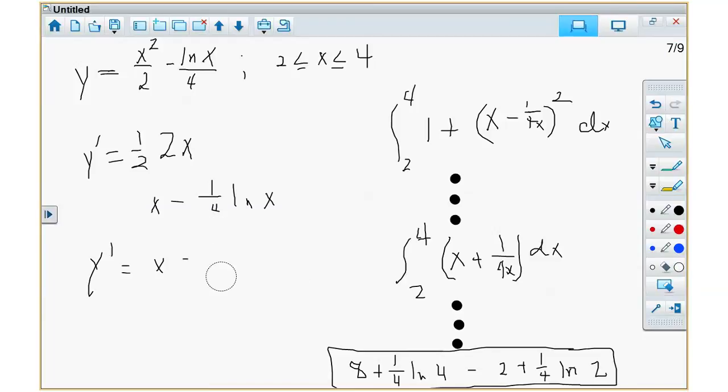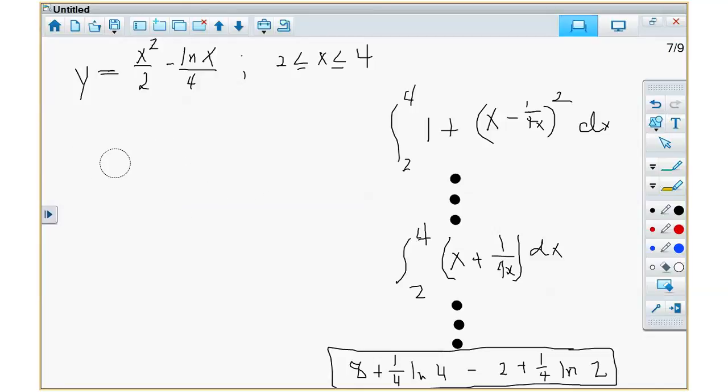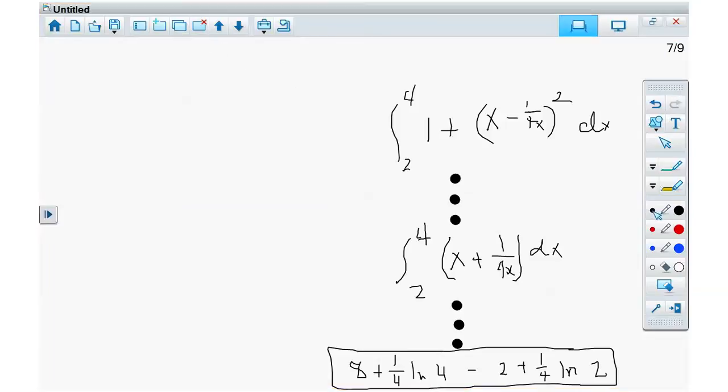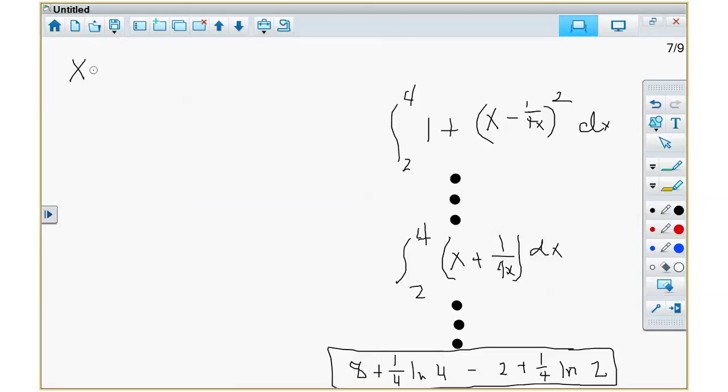I want you to write it down so you can look at it, because it's a little bit different. x is equal to 1/3 root y times y minus 3, from 1 to 9.